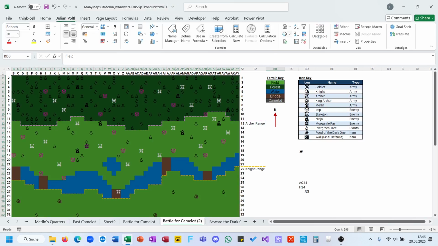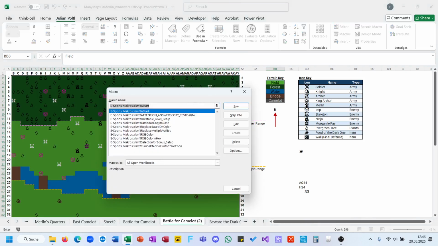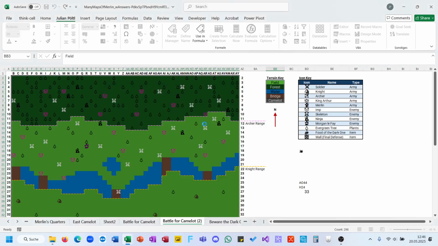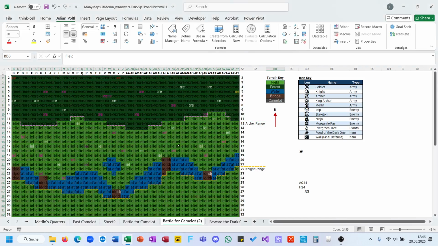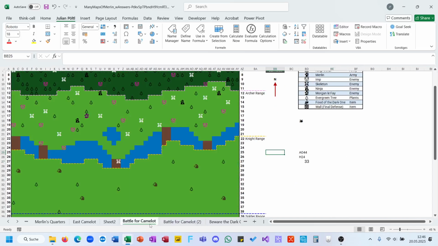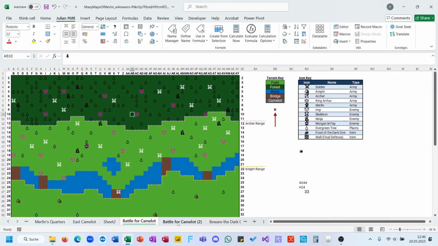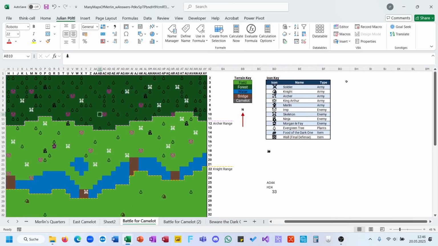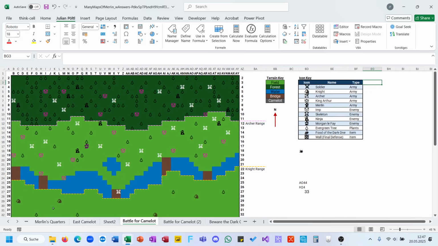Start my macro. Replace based on color. Yes. And now I have here everywhere the terrain type. Thank God I have this stuff here. And then I know how to do this.